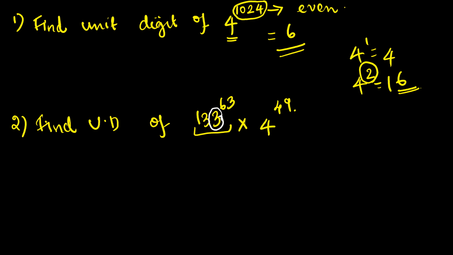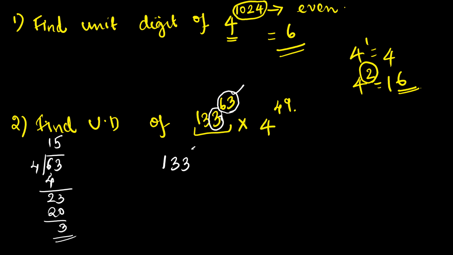In cyclicity of 3, how did we find the unit digit? First we divided this power by 4. 63 divided by 4, the remainder is 3. Now next we replace this 63 by 3, the remainder.